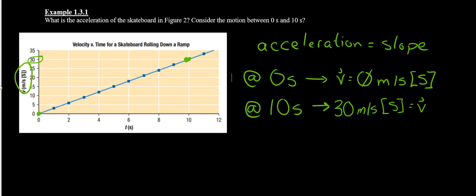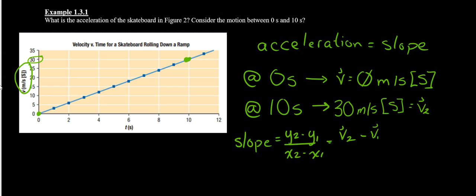Much like the way we found velocity from a displacement graph, we're going to find the slope, which is y2 minus y1 over x2 minus x1. In this case, our y2 is that second velocity at 10 seconds, minus our first velocity at 0 seconds.